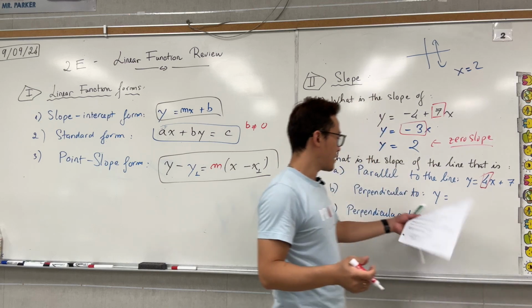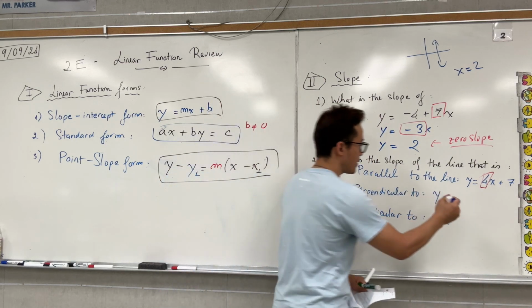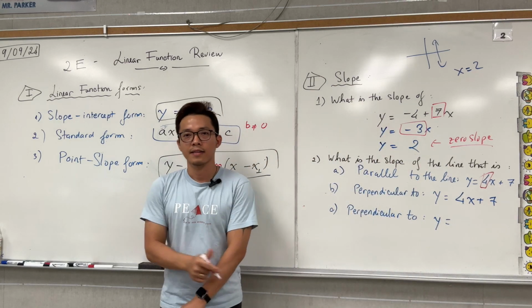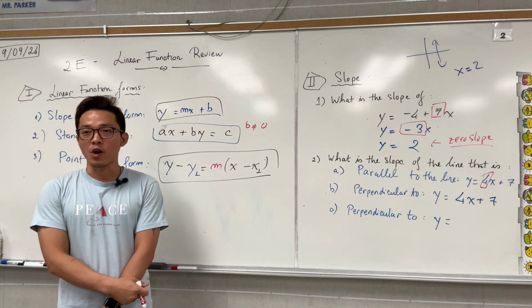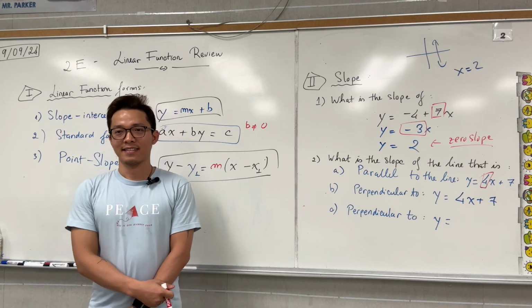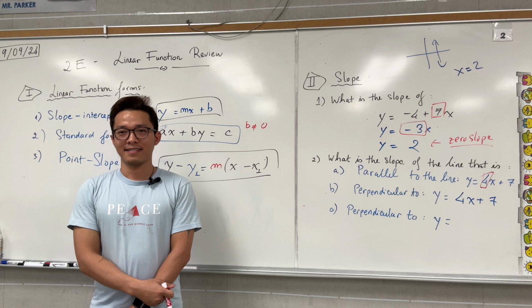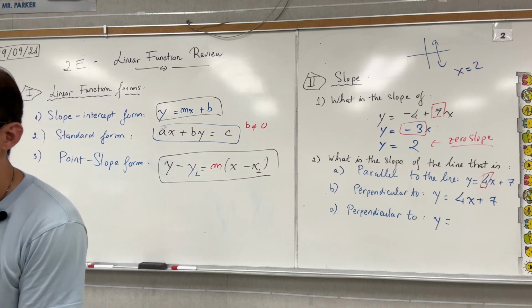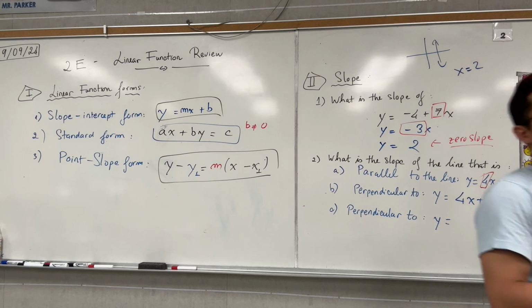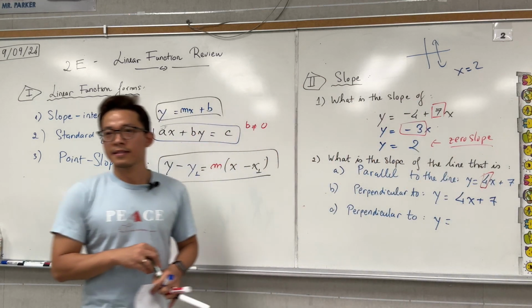Isabel. Perpendicular to, same thing, 4x plus 7. What is the slope of the line that is perpendicular to this? Speak louder. Give me a number. All right, who wants to try?